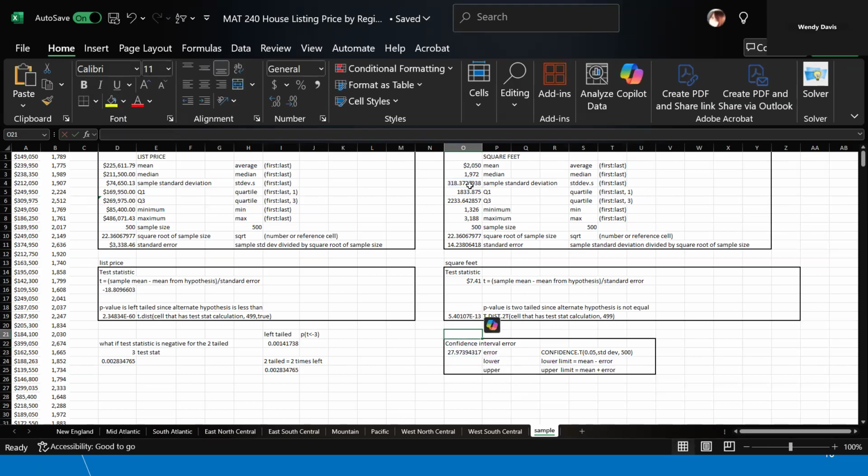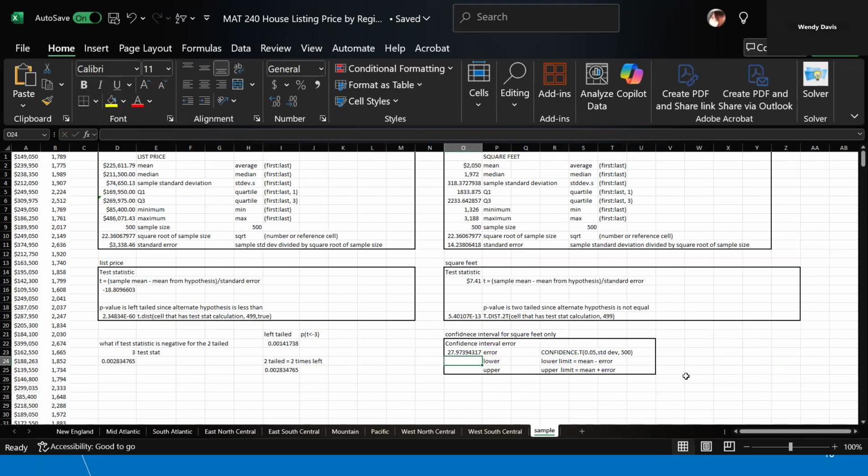Now, I should have mentioned this. We're finding the confidence interval for square feet only. It's asking us just for that confidence interval for square feet. I know I have a typo, but I know you know what I mean.